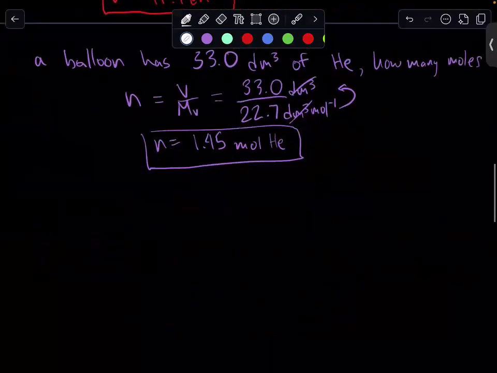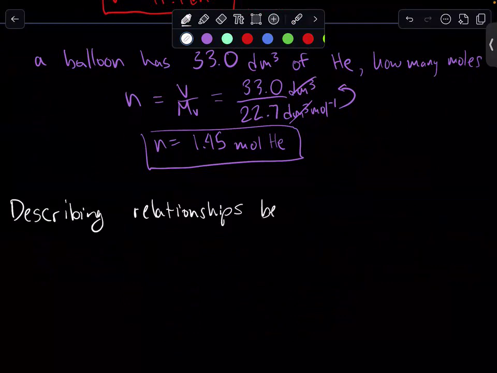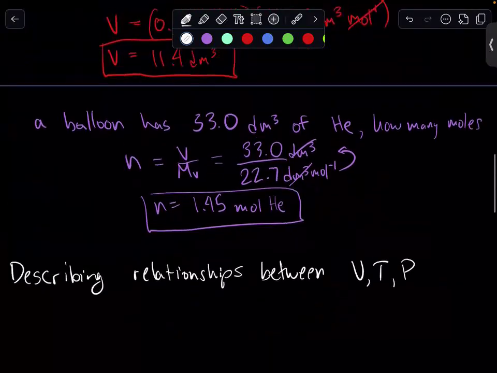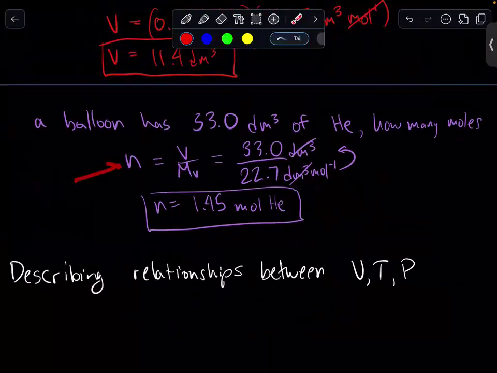So what about describing relationships between volume, temperature, and pressure? The three things we actually define about a gas other than moles. Because we already know from this equation right here that moles is directly proportional to volume.